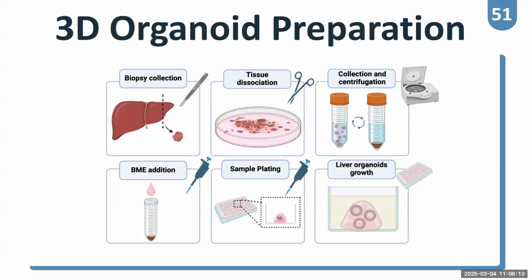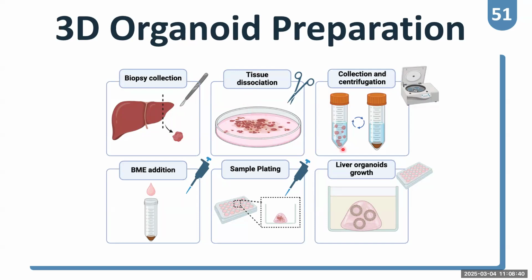Okay, so come to the last. Give me just 5 or 10 minutes. I will finish with the method that can prepare 3D cell culture. When you get the biopsy or the tumor section from the doctor, we cut it into small pieces like this.